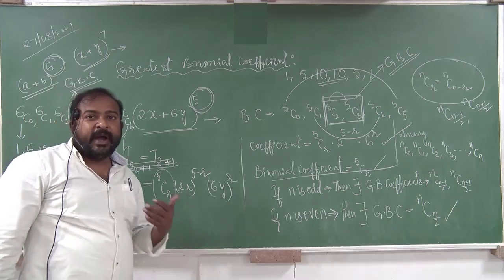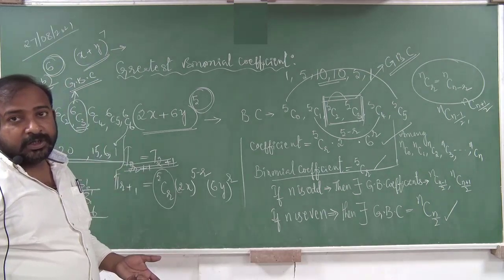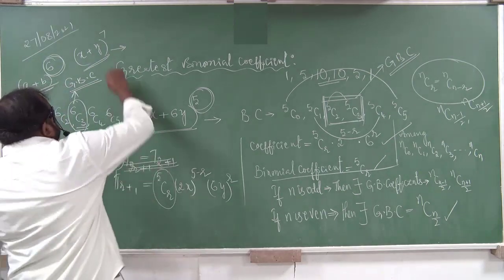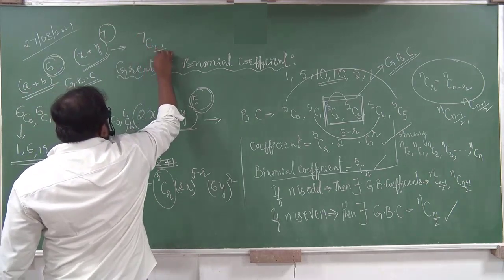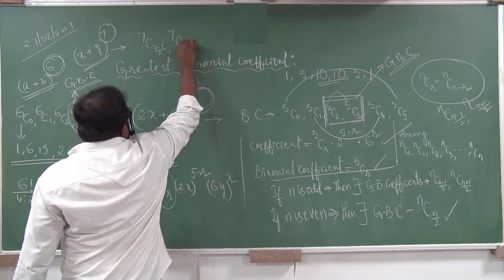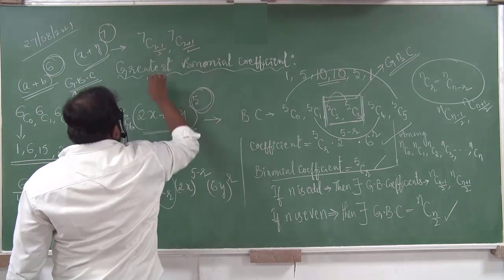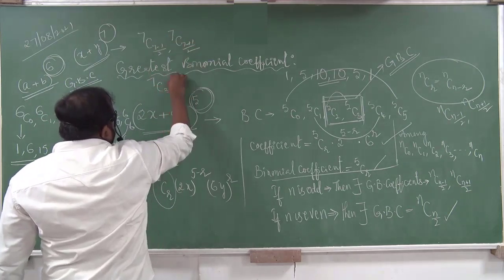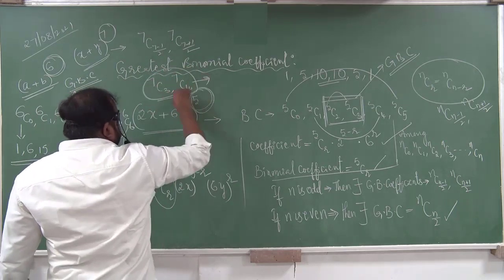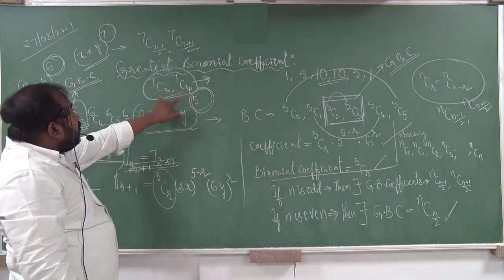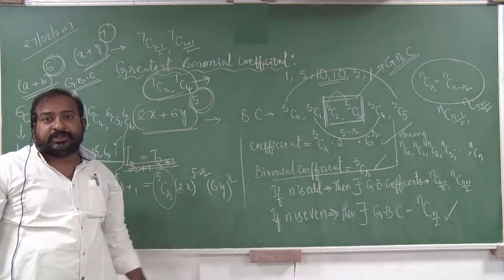Power 7 is there, so 7C(7-1)/2, 7C(7+1)/2 means what you will get? 7C3, 7C4. These are the two values which are equal and these are the greatest binomial coefficients.